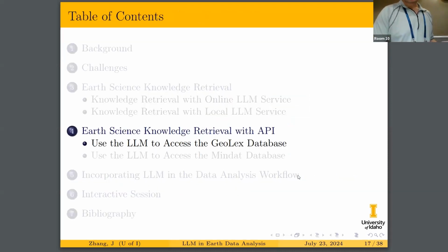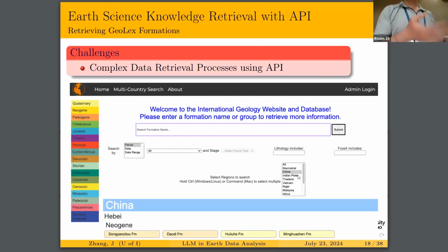And so then, jumping from the knowledge base, we are trying to help our large language model workflow connect to some online services, say a data API. Here you can see that we are trying to tackle the complex data retrieval process using an API.